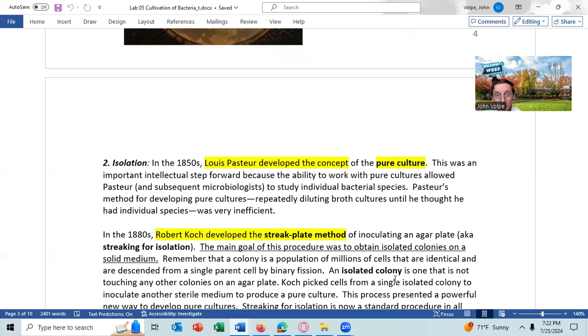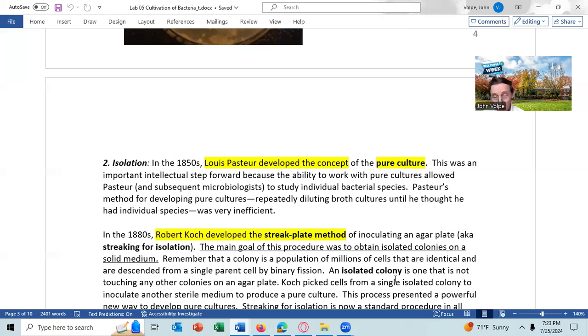Any question about that? Louis Pasteur was the first one who developed the concept of a pure culture, and he actually had a very labor-intensive way of obtaining one. He took a mixed culture of bacteria, got it to grow, made several different dilutions of that culture, and then replicated each dilution about 10 times. So if you had 5 different dilutions, you would have to set up 50 different tubes.